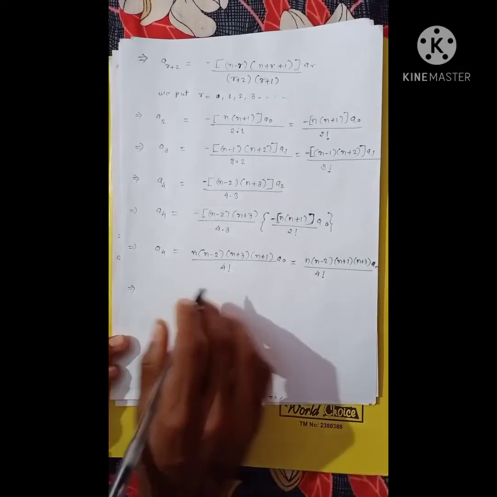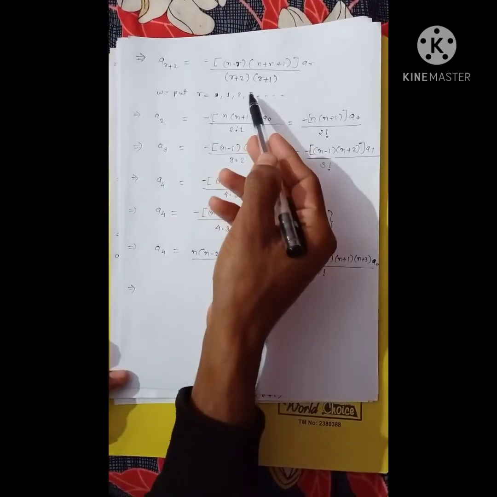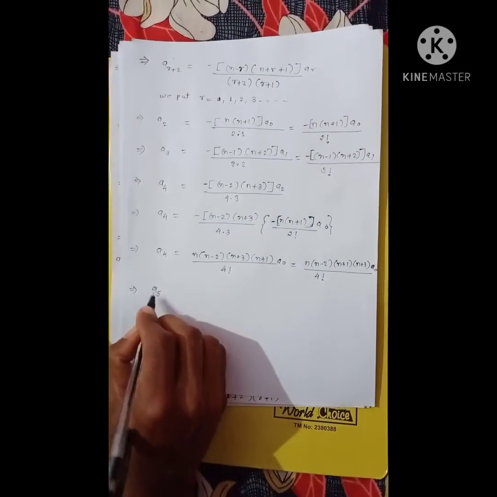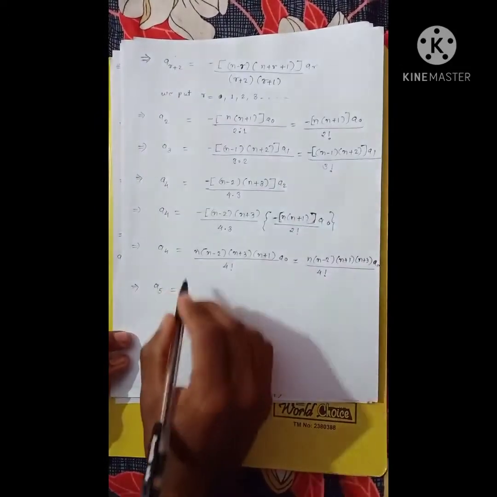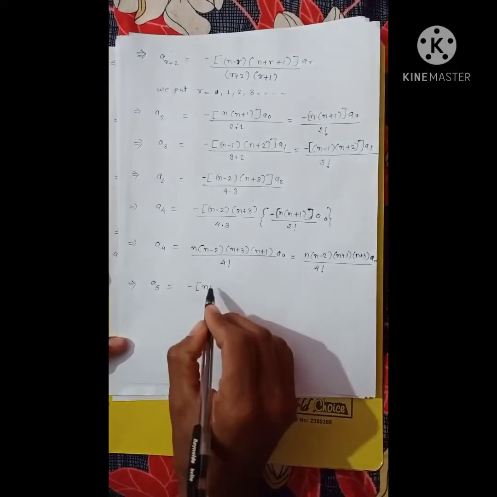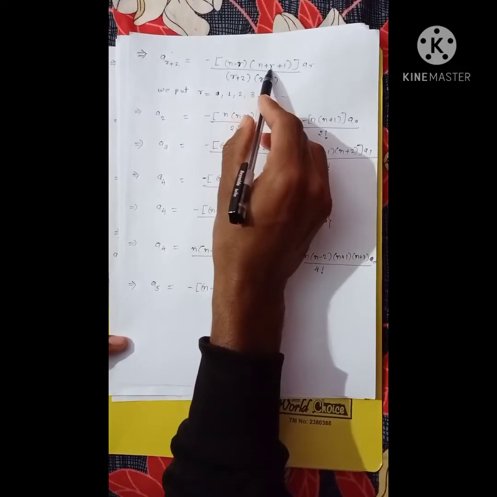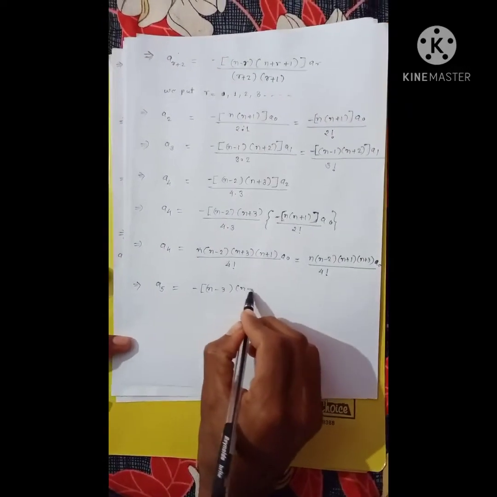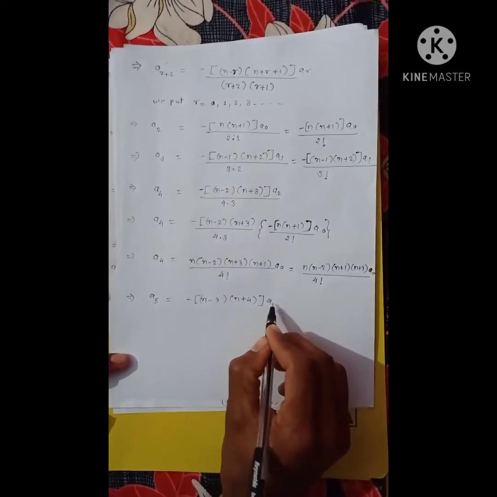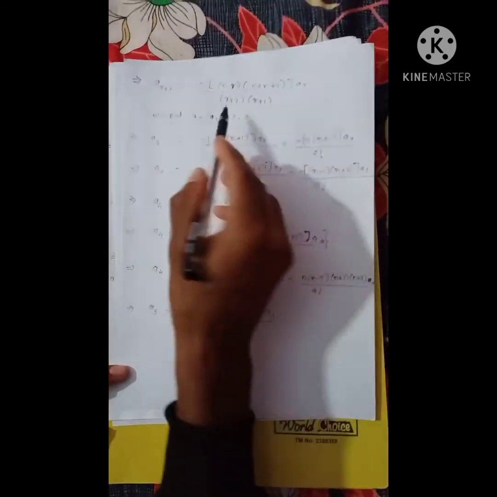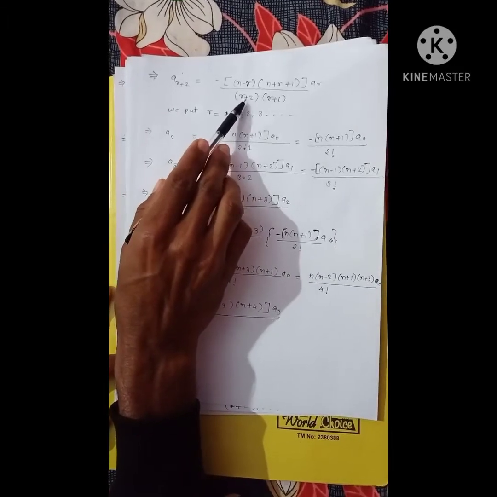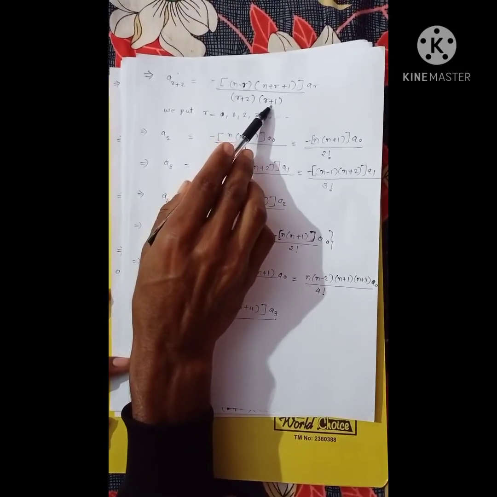And now we put r is equal to 3. So when r is equal to 3, this term becomes a5. So a5 is equal to minus (n minus 3) into (n plus 3 plus 1) into (n plus 4) into a3 upon, when r is equal to 3, (3 plus 2), which becomes 5, into (3 plus 1), which becomes 4.